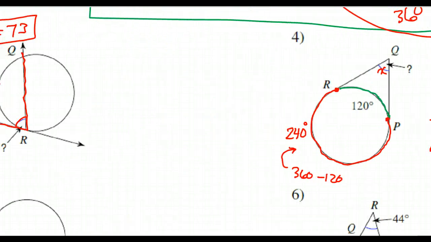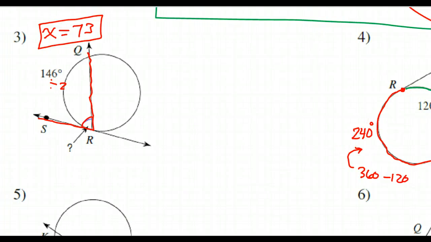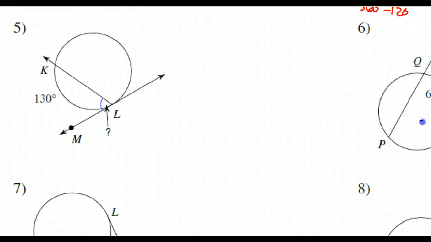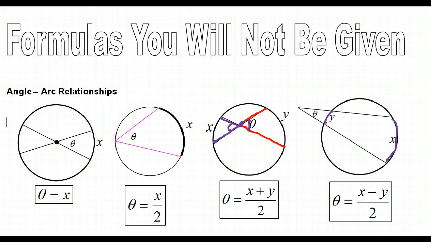Alright, let's try number 5. Okay, another easy peasy lemon squeezy. Alright, this is the angle we're supposed to find, right? Question mark. And again, they gave us the arc. So the angle should be half the arc.